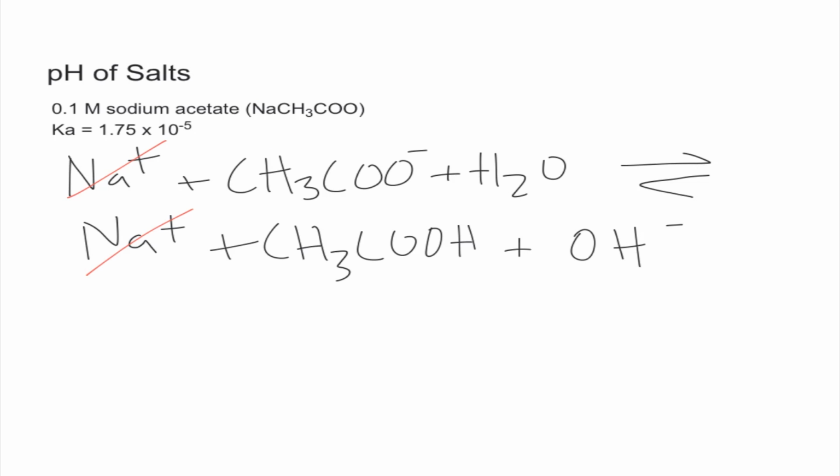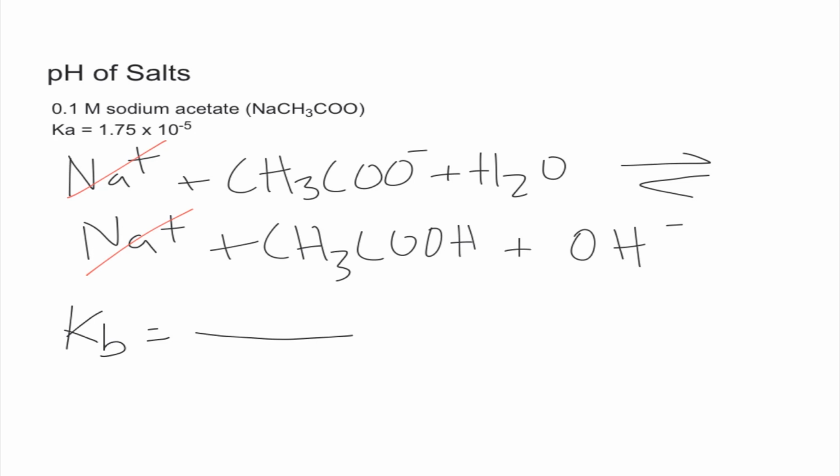So we have a problem here because we have a Ka and we have a basic salt. Using the formula I provided before, Kw is Ka times Kb, we determine the Kb for the solution. We know that the Kw is the Ka times the Kb, so from that we can determine that the Kb is equal to the Kw over the Ka.